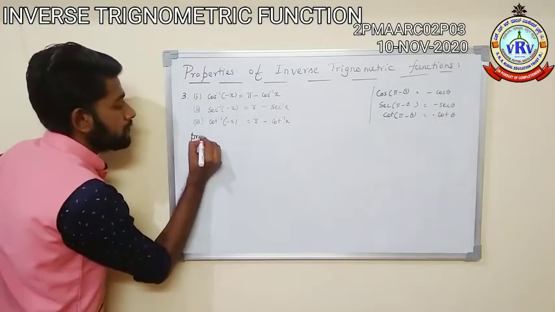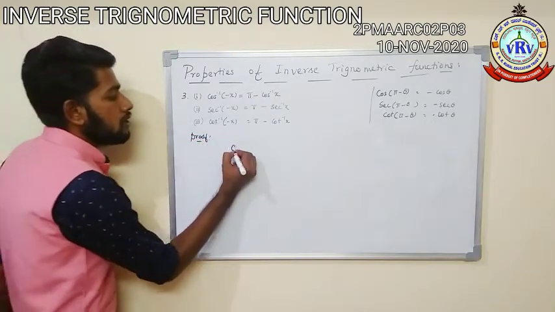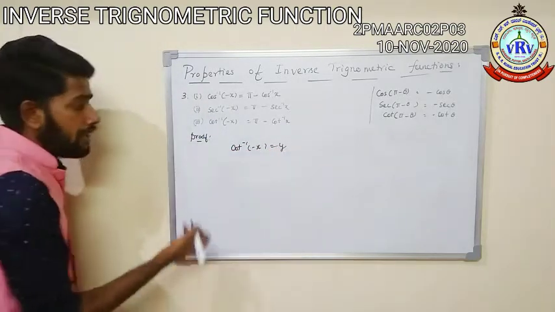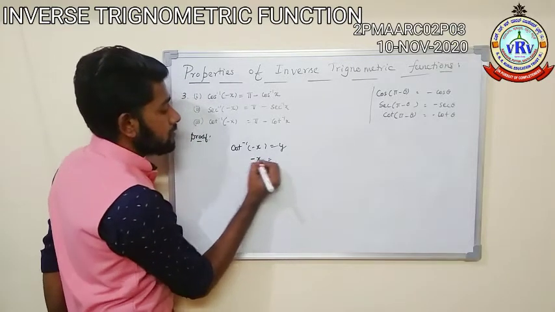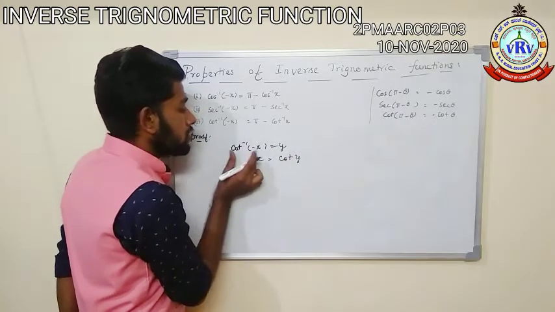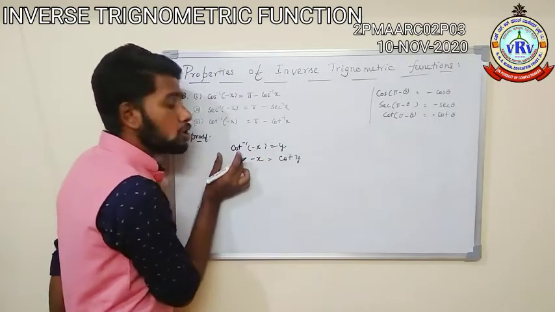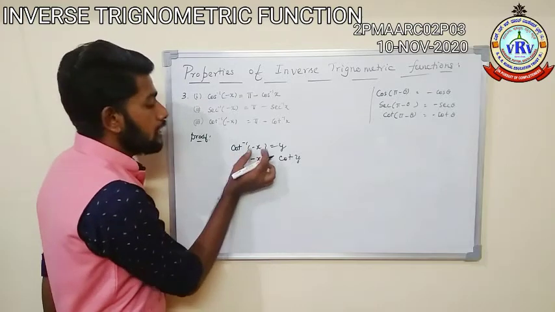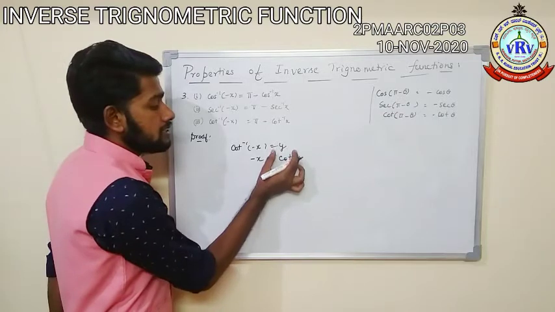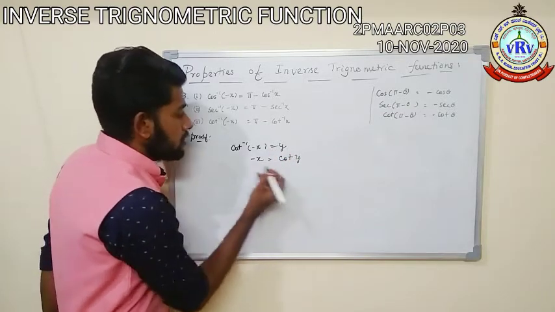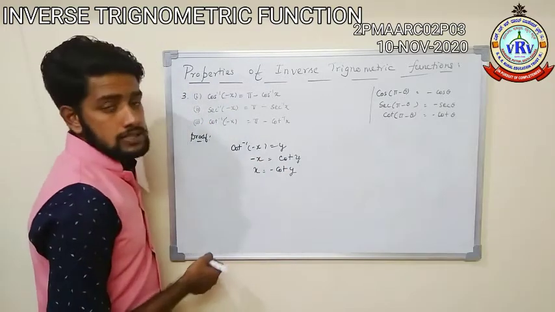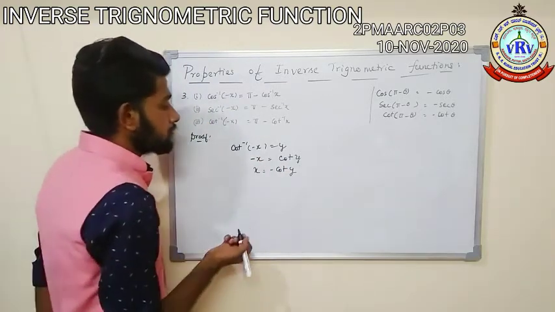Let me prove the first one. Cot inverse of minus x, I am taking this as y, and applying the cot function on both sides, it will be cot of cot inverse of minus x is equal to cot y. Cot of cot inverse is the identity function, it will return minus x as it is. On the right hand side, the change is cot y. So x is equal to minus cot y, changing the sign on both sides.